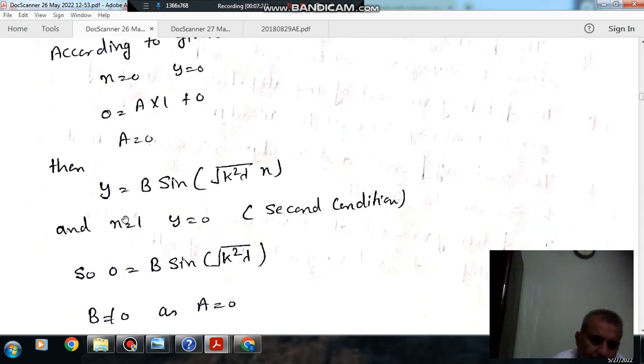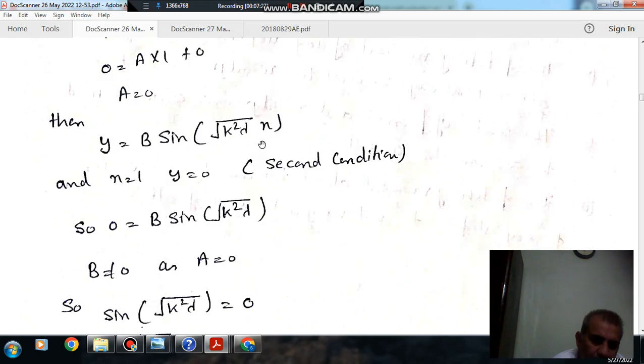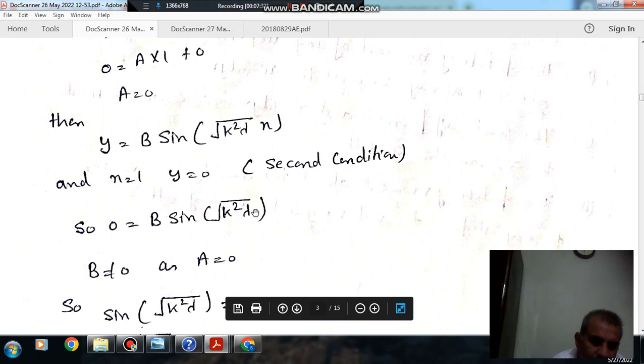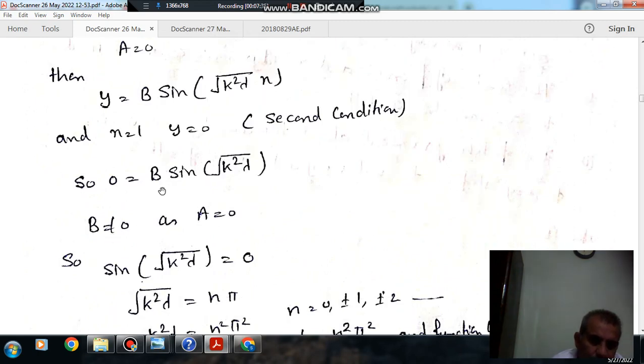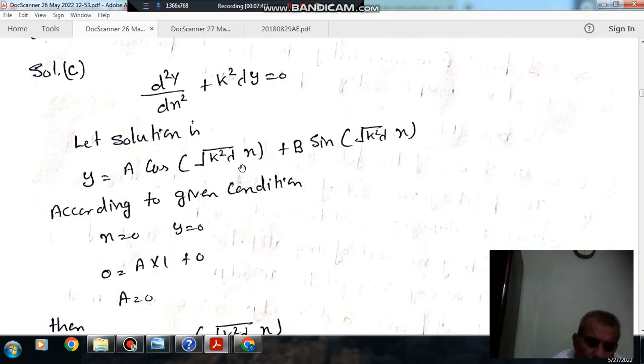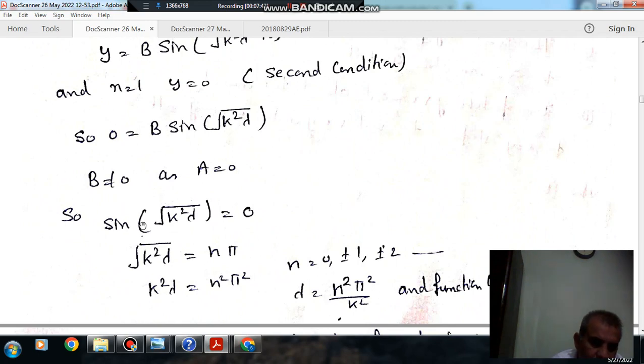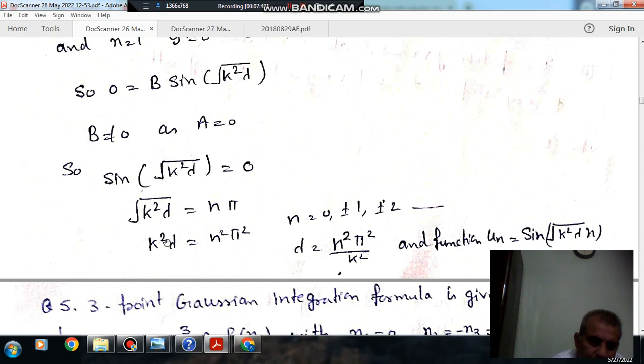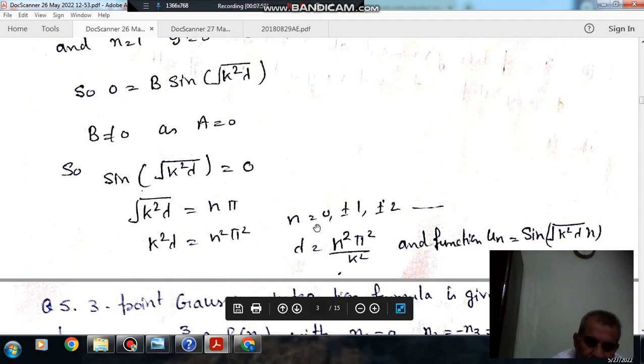The second condition is when x is 1, y is equal to 0. Putting x equal to 1, we have b sin root of k square lambda equal to 0. So b is not equal to 0, because if b is 0, then the whole solution will become 0. So sin root of k square lambda equals 0, and we get root of k square lambda equal to n pi, or k square lambda equal to n square pi square, with n being 0, plus minus 1, plus minus 2.